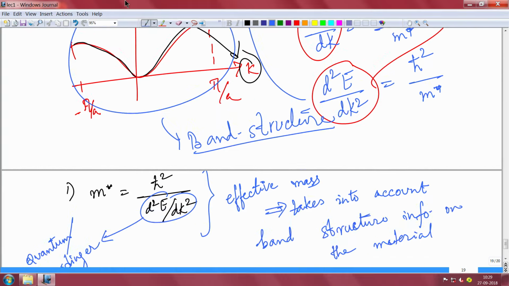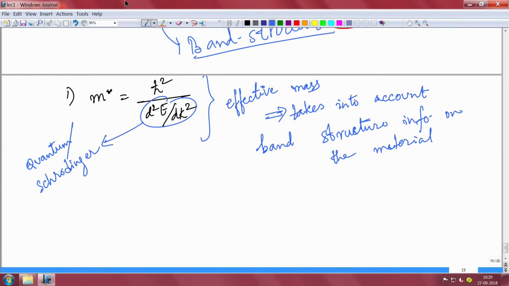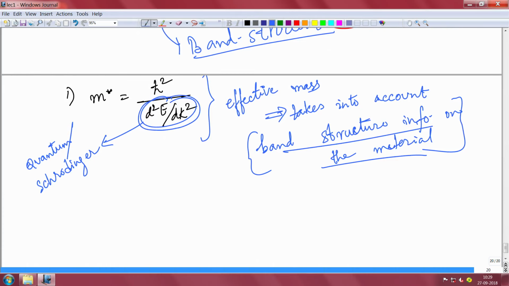I told you it is very heavy physics, but the entire band structure information is condensed and crisply put into this d square E by dk square expression. So, when you have the effective mass defined this way, you do not have to solve any quantum mechanical equation separately. This second derivative of the Ek diagram takes into account the entire physics and quantum mechanics inside the band structure.